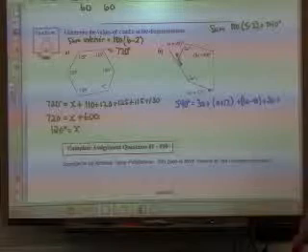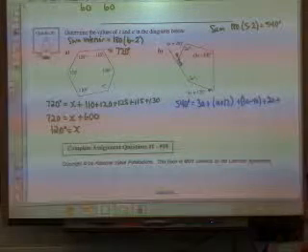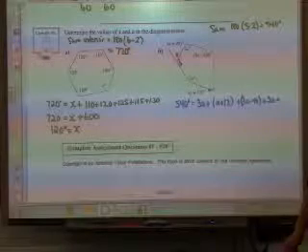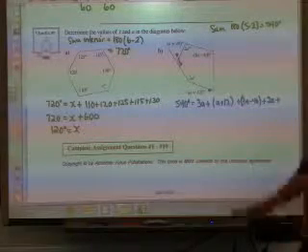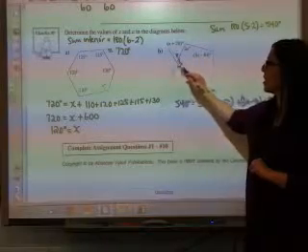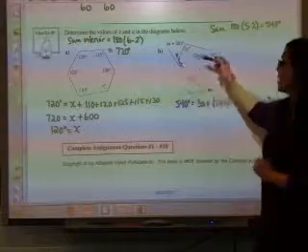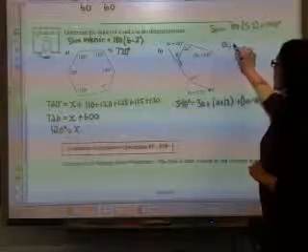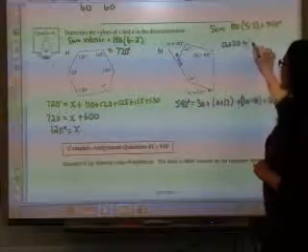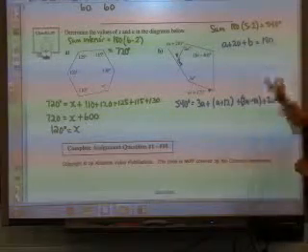What could I do? Find out the exterior angle. Well, I have the exterior angle. It's a plus 20. What do I know about these 2 angles together? They equal 180. So a plus 20 plus this b equals 180.